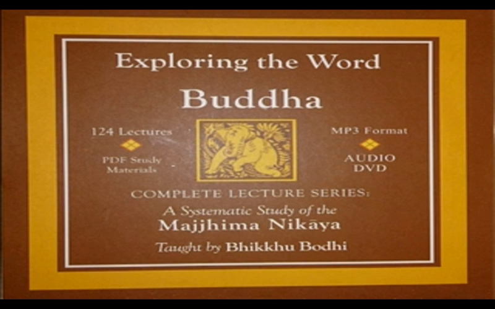Yeah, the way I would understand this, okay, this is a pretty subtle point. Okay, the view of self relates to the five aggregates by specifically taking one or another of the aggregates and saying, this is the self.